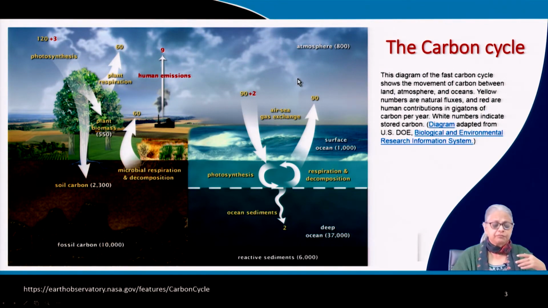CO2 in the atmosphere diffuses into the aquatic systems, whether it's oceans, lakes, rivers, whatever it is. So there is a gas-water equilibrium, and that will maintain CO2 in equilibrium with the atmospheric CO2.